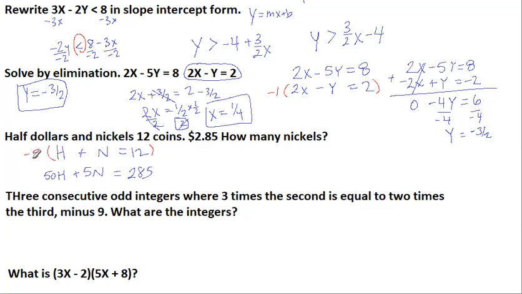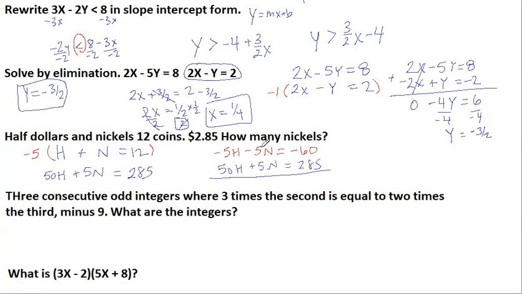I'm going to choose negative 5. So I will have negative 5h minus 5n is equal to negative 60. And then my original second equation can stay the same. 50h plus 5n is equal to 285.